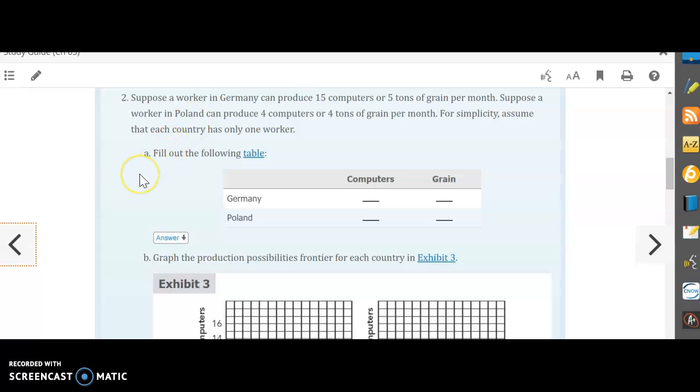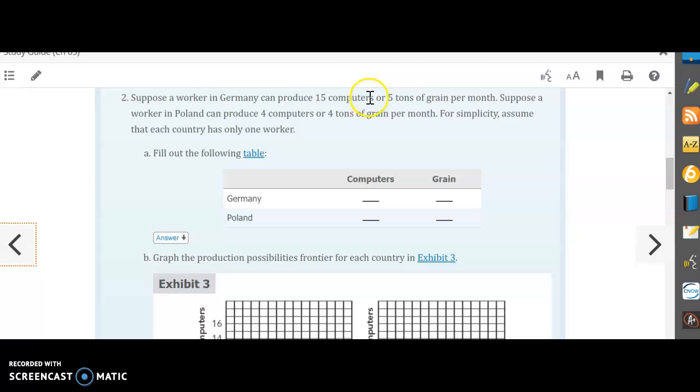Suppose a worker in Germany can produce 15 computers or 5 tons of grain per month. Okay, they give you a little table. Now I'm actually going to work this problem in a different program that I can draw graphs. I'm just kind of showing it to you as I go through this.